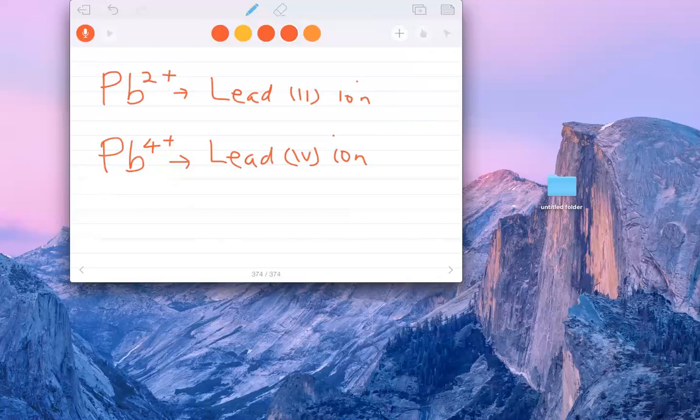I know you may see in the text the ferrous, the ferric, the chromous, the chromic, and so forth. Those are the old way of naming ions with more than one charge.